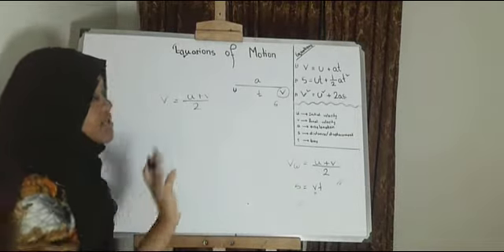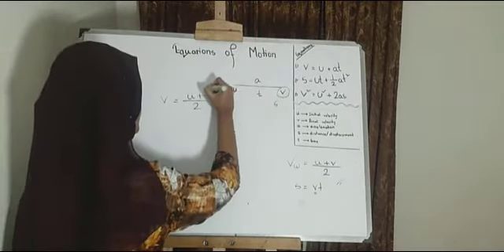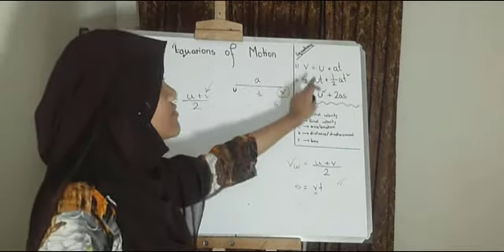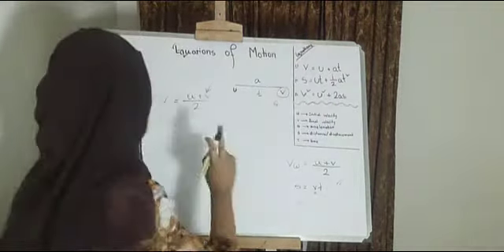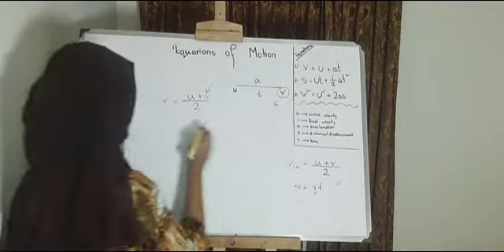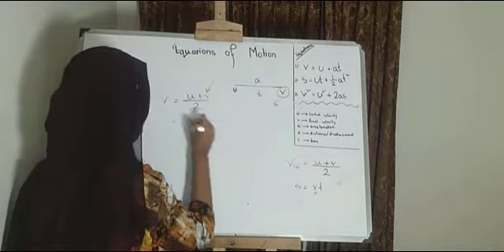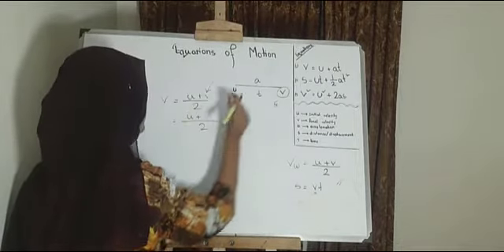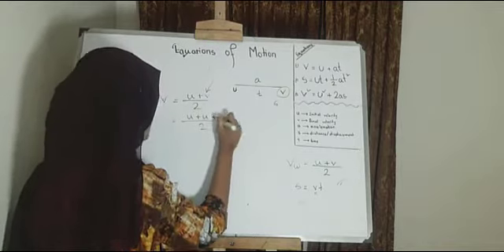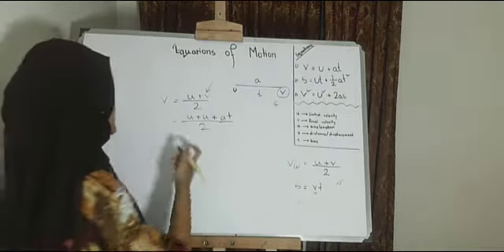Hold on, what do you know about this v? We have already found an equation, v is equal to u plus at. So for this v, we can write this equation. So let's write (2u plus at) divided by 2, as simple as that.